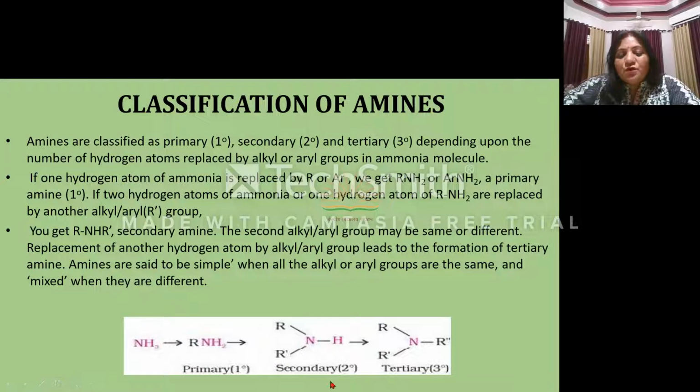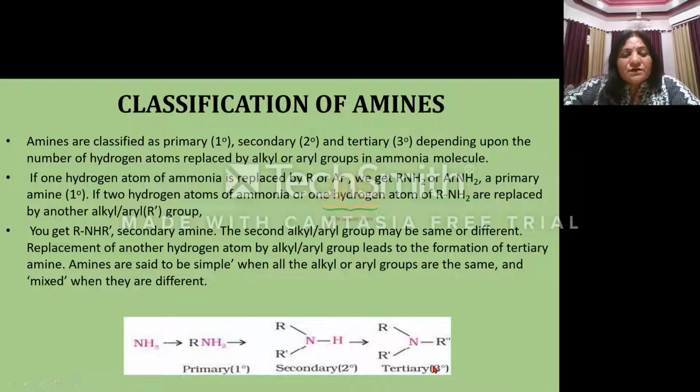And when 2 of the hydrogen atoms are replaced by different alkyl groups or alkyl or aryl group, then secondary amine is formed. When all the 3 hydrogen atoms are replaced by different alkyl groups, same alkyl group, alkyl or aryl group, then 3 degree amines are formed.